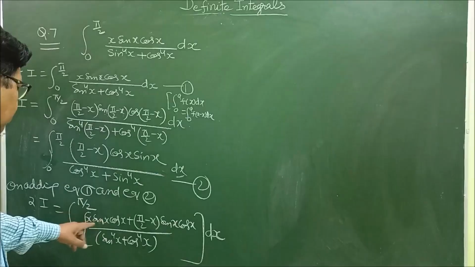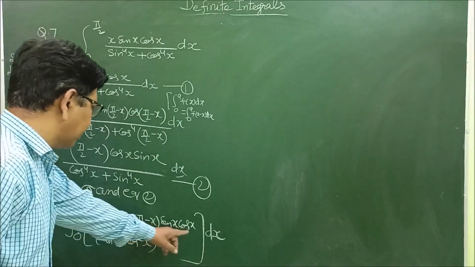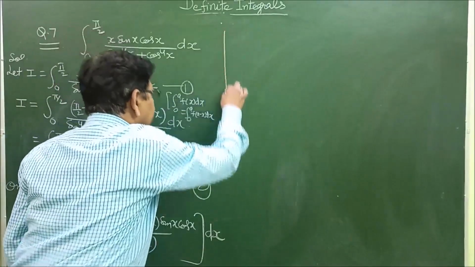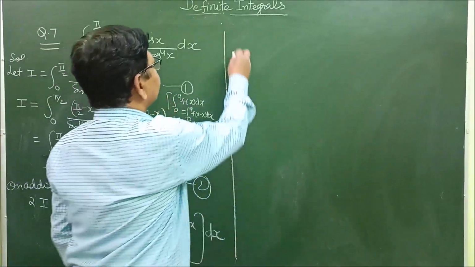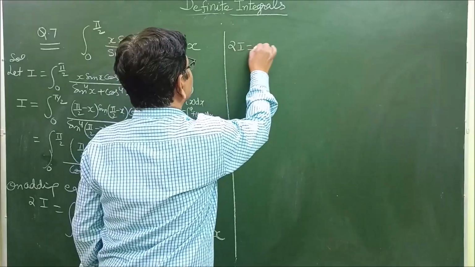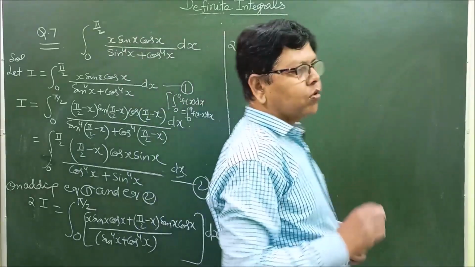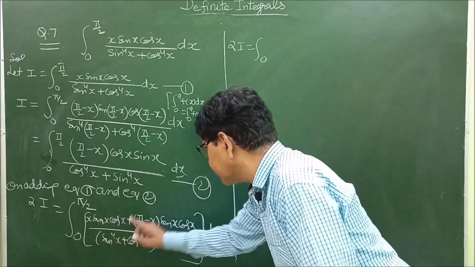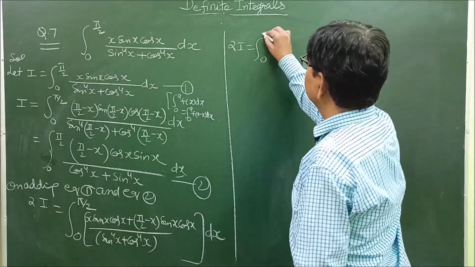If we add these, the x sin x cos x and x sin x cos x get cancelled, so we get 2I is equal to the integral 0 to pi by 2, and the x sin x cos x terms are cancelled here.